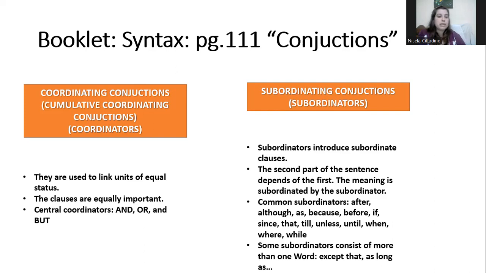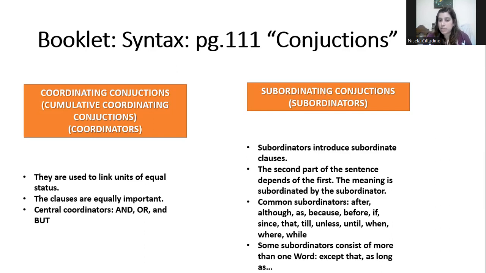In a compound sentence, the two clauses are equally important. The most commonly used coordinators are and, or, and but.